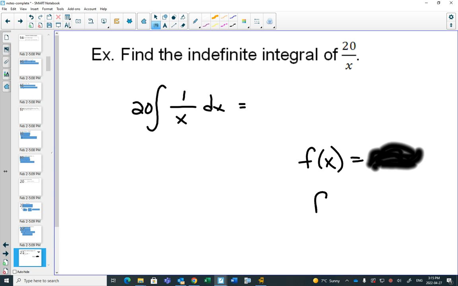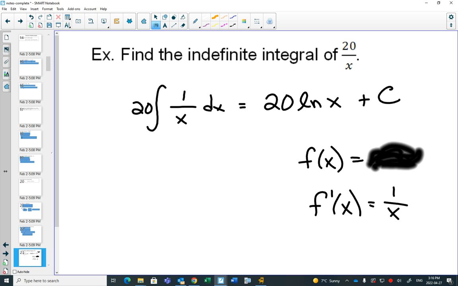The derivative of the natural log is 1 over x. So if I'm working backwards and I have 21 over x dx, the answer is going to be 20 natural log of x plus c.